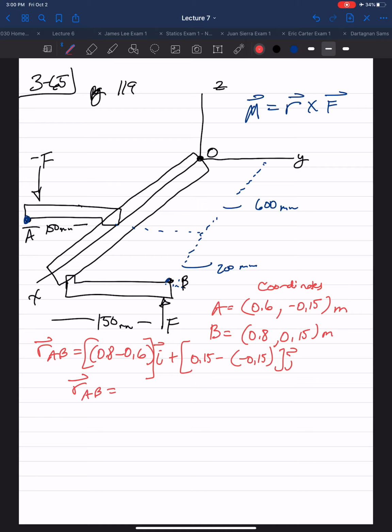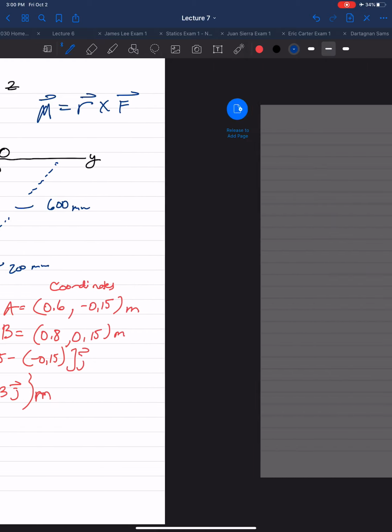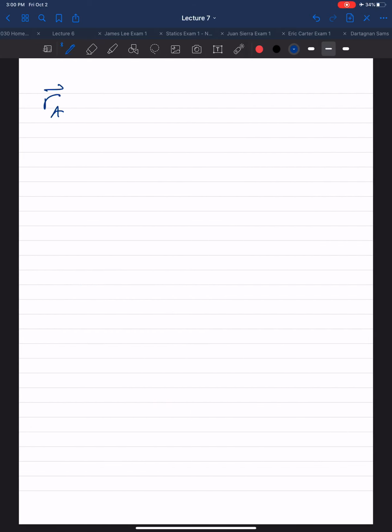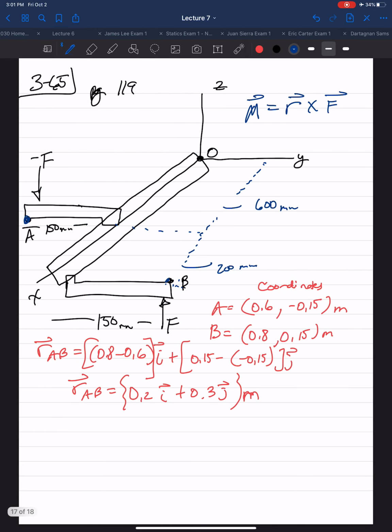Position vector R_AB is 0.2 i plus 0.3 j meters. Just rewrite that. All right, 0.2 i plus 0.3 j meters.